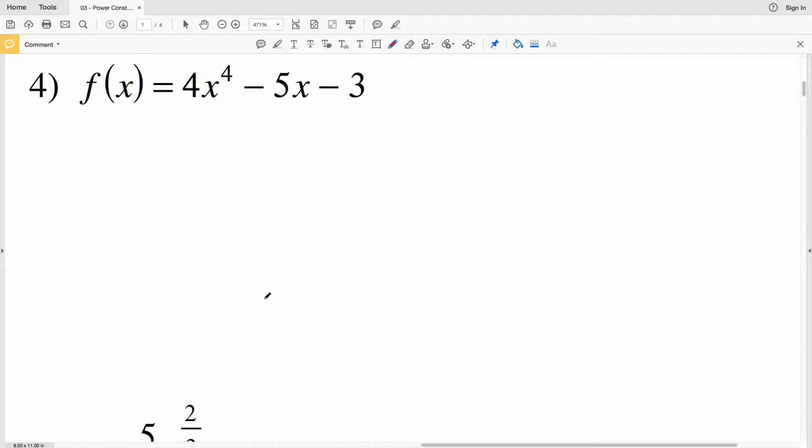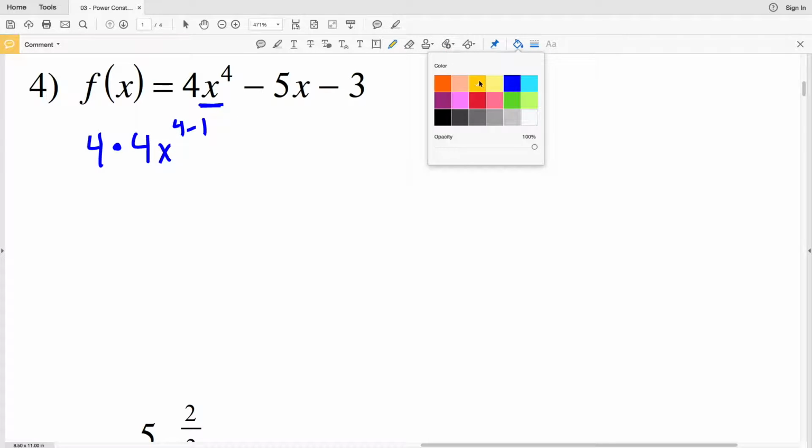In number 4, we're going to be utilizing all the rules that we learned at the start. So we'll have 4 times the derivative of x to the 4th minus 5 times the derivative of x minus the derivative of 3. So using the constant multiple rule, we'll pull out a 4 with this first term of the function, and then we'll use the power rule to find the derivative of x to the 4th, which will be 4 times x to the 4 minus 1.